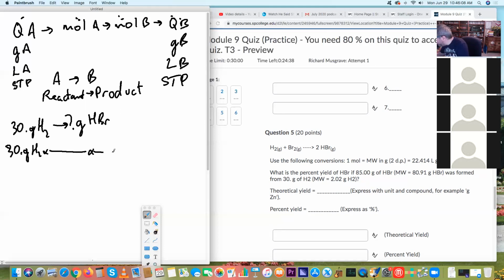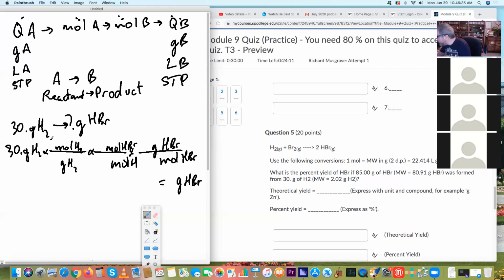So then we do the same thing as what we've been doing. We're looking for grams of HBr at the end, so that goes here. What goes here? Moles of H2 goes here, moles of HBr goes over here. Then the grams of H2 cancel, the moles of H2 cancel, and the moles of HBr cancel.